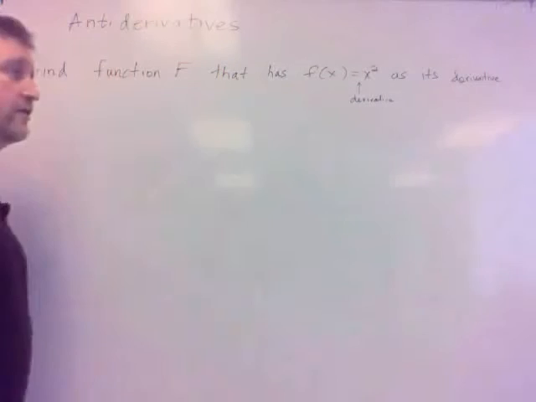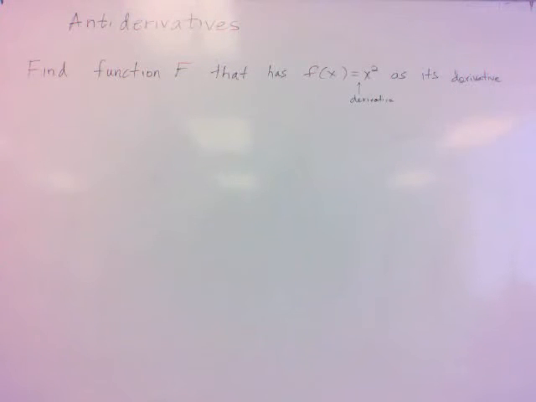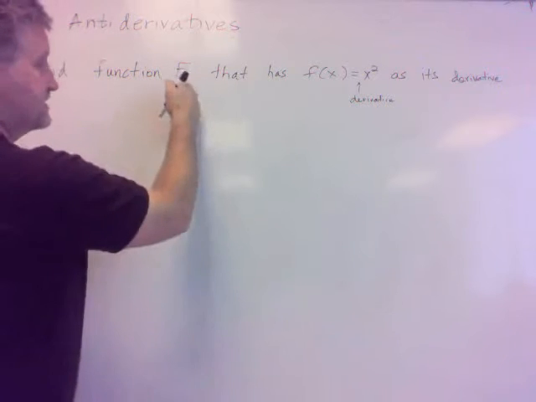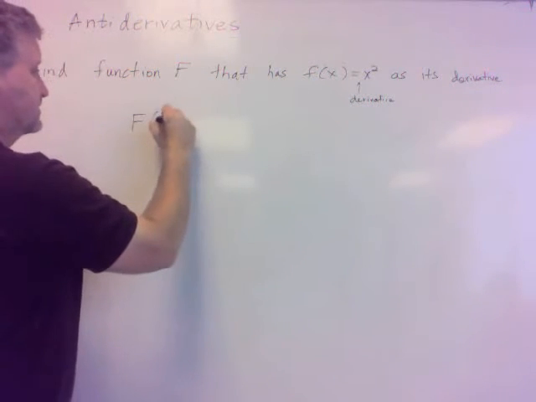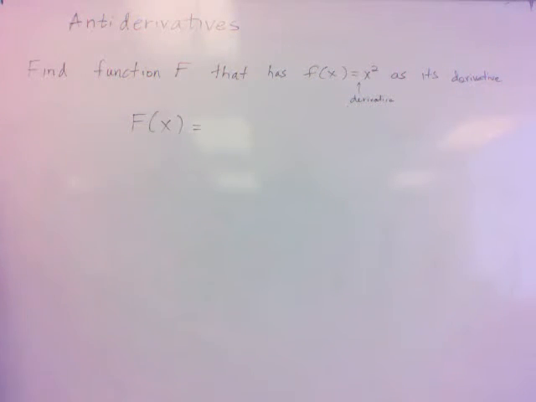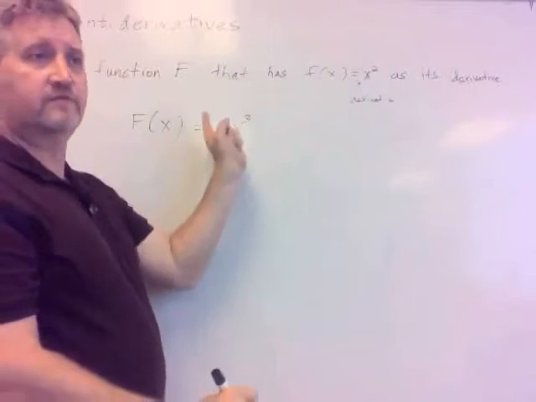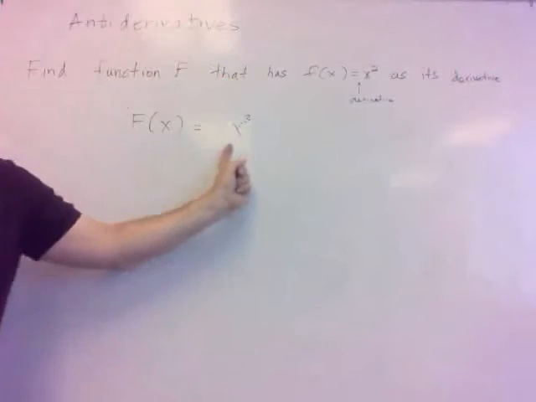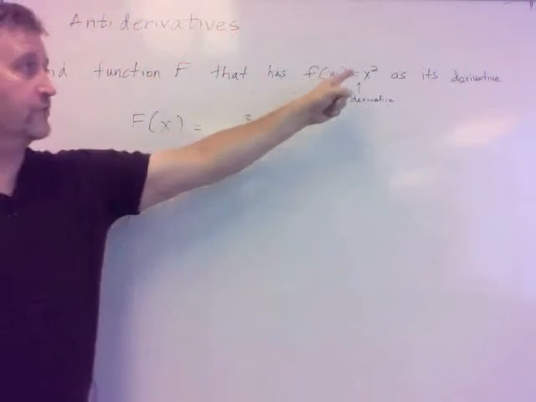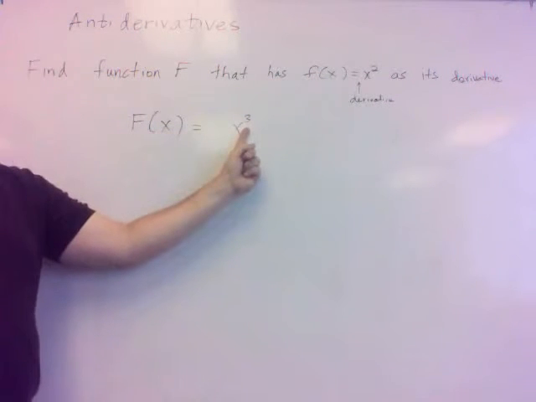As we know, when I take a function and do the derivative of it, I lose a power. So doesn't it stand to reason that my big F of x would have to have an x cubed power? If this is going to be the derivative of that, wouldn't this have to be x cubed? So in other words, I have to increase this power by 1. Now what's the other thing?